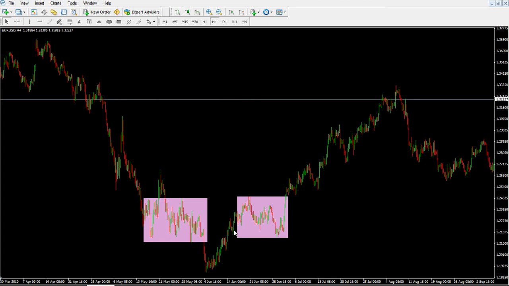So I wasn't really sure that it is a head and shoulders pattern until the price didn't go down here, didn't follow through to the downside of the market. It broke out to the upside. Then we see the head and shoulders.